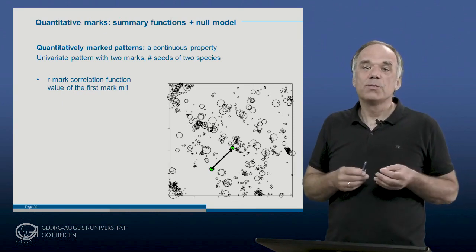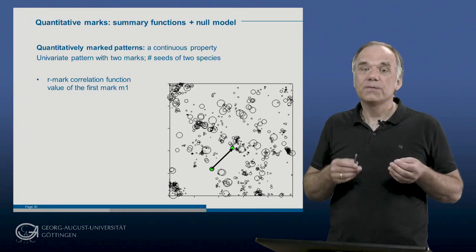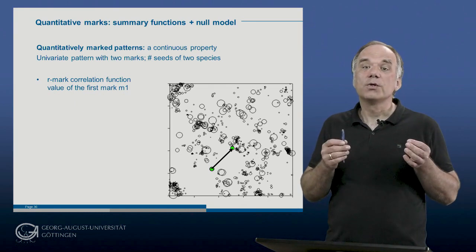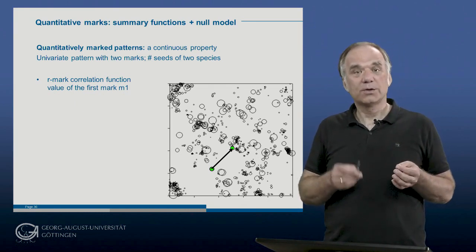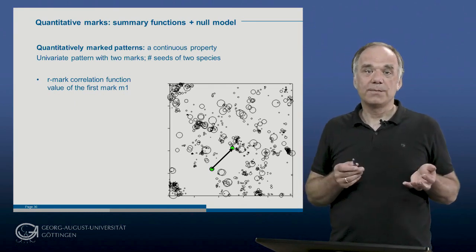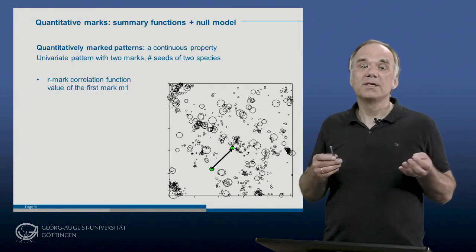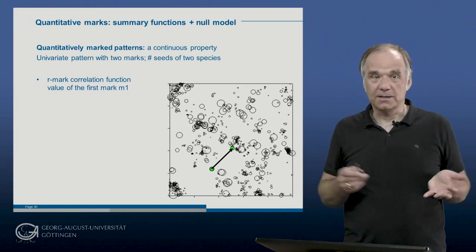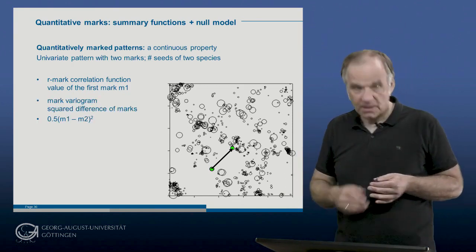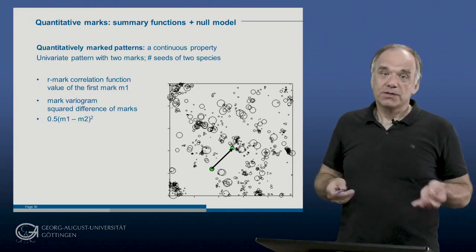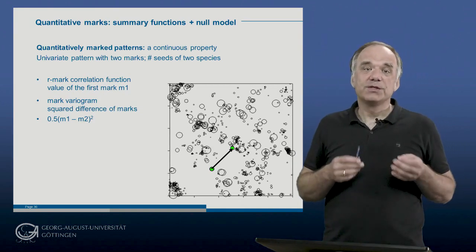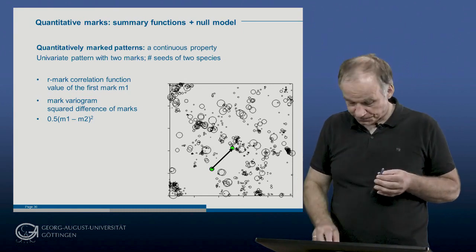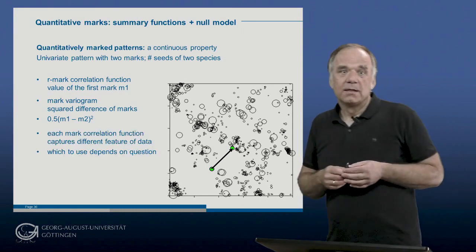Note that this value may in general be different from the mean of the first mark because it is a conditional mean, with the condition being that a second point is close by. So for example, in case of competition, it could be that trees are smaller than expected if they have a second tree nearby. The mark variogram, for example, is the square difference between the two marks and closely related to the geostatistical variogram.